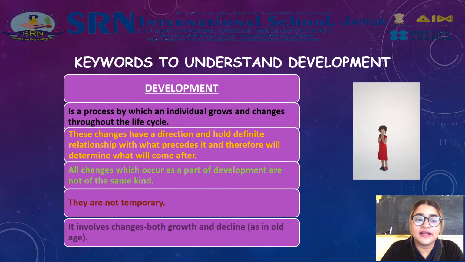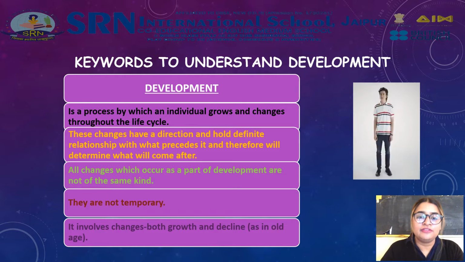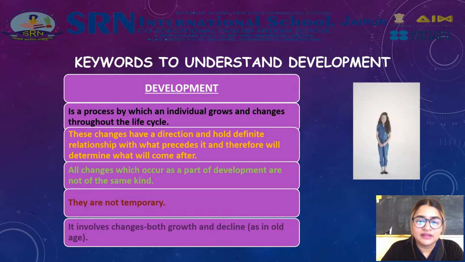So the cycle that I'm talking about is when you are a baby, you are an infant, then you grow into a child, and then you grow and become a teenager, and then you grow into an adult, and then it eventually leads to old age, right? So this is the change that I'm talking about. So everyone in their life goes through this change, and this is a process that nobody can avoid.